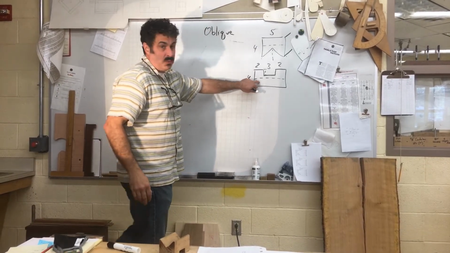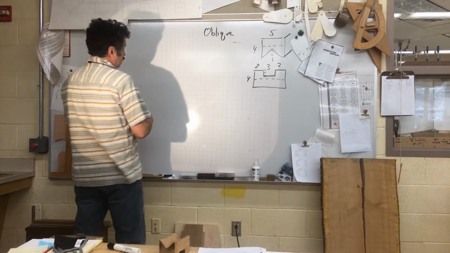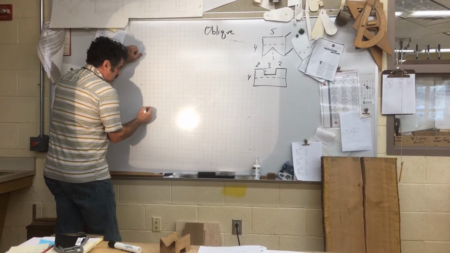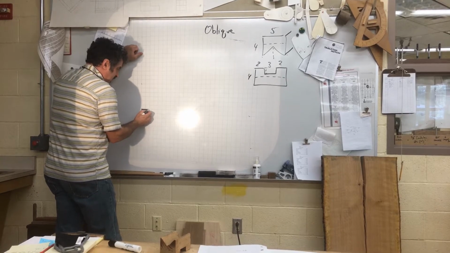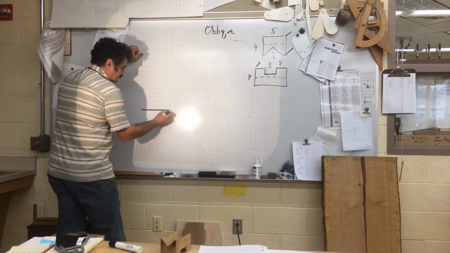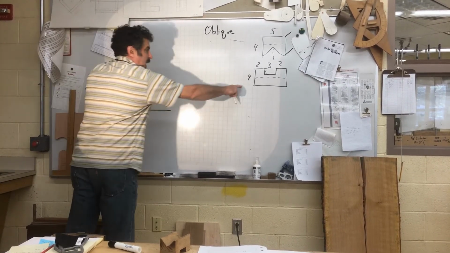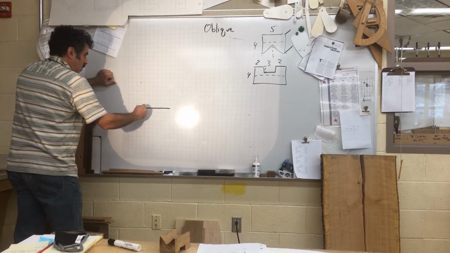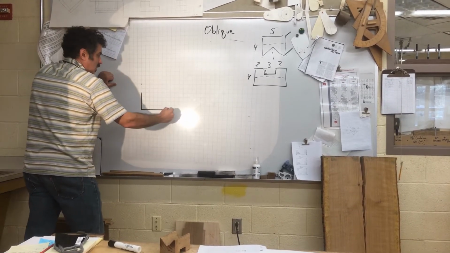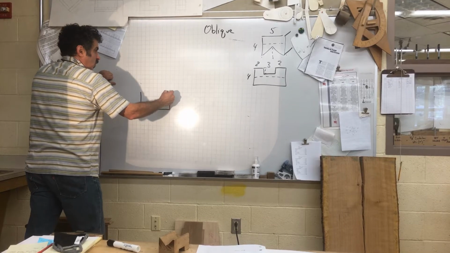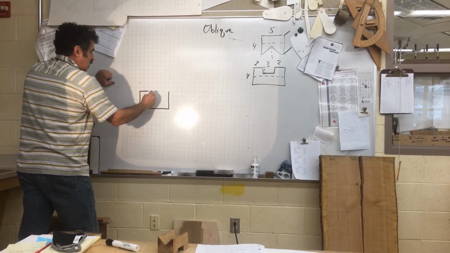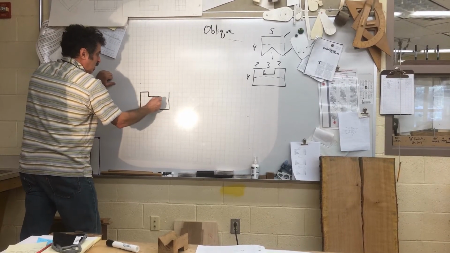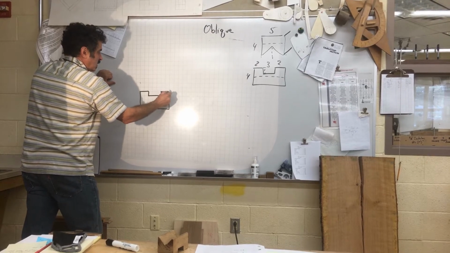Same drill, I'm using this one. I start off at the bottom going 1, 2, 3, 4, 5, 6, 7. My height is 4. 1, 2, 3, 4. 1, 2, 3, 4. 2, 1, 3, 1, 2.